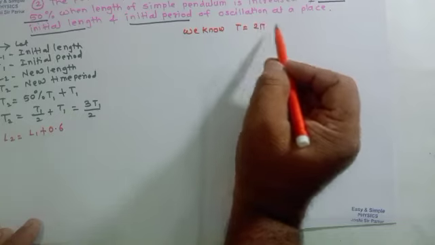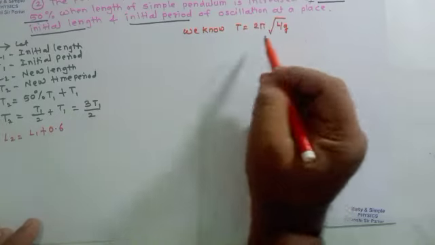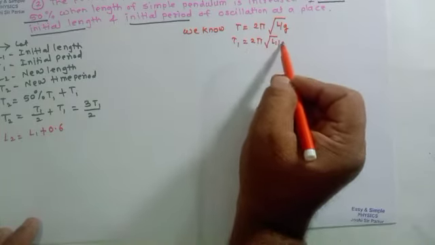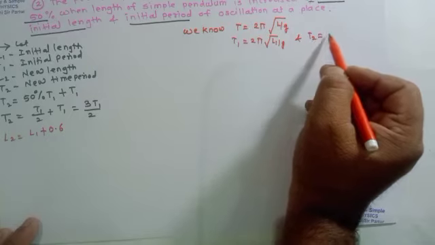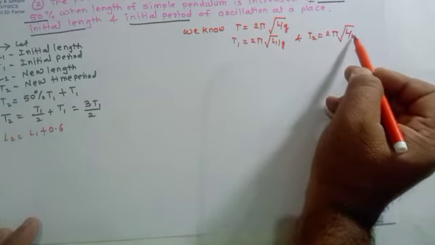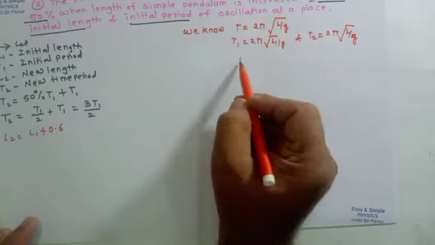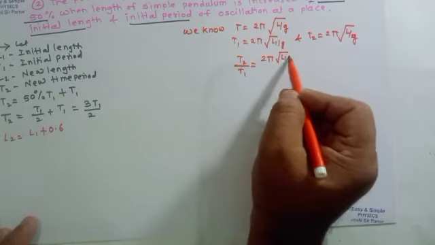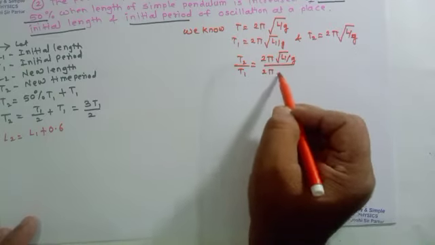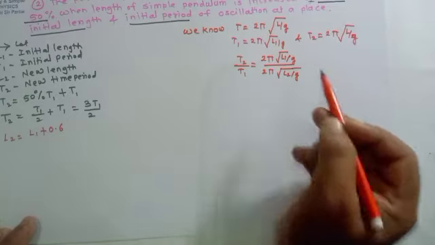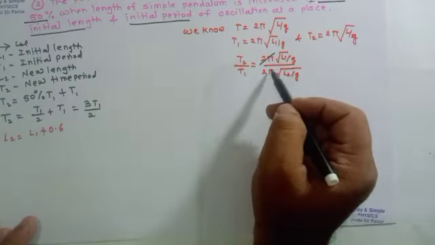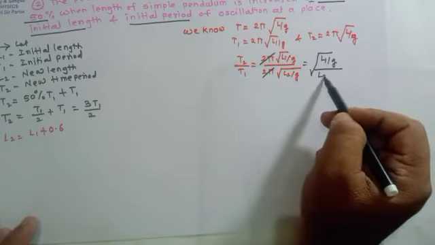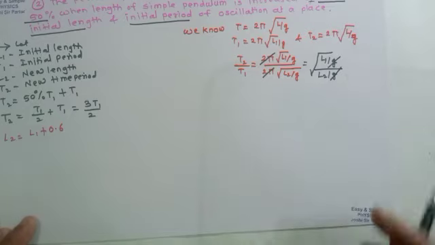We know that time period equals 2 pi square root of L upon G. So T1 is equal to 2 pi square root of L1 upon G, and T2 is equal to 2 pi square root of L2 upon G. By dividing, T2 upon T1 is equal to 2 pi square root of L2 upon G over 2 pi square root of L1 upon G. 2 pi gets cancelled, G gets cancelled.